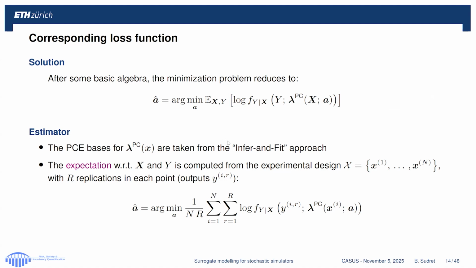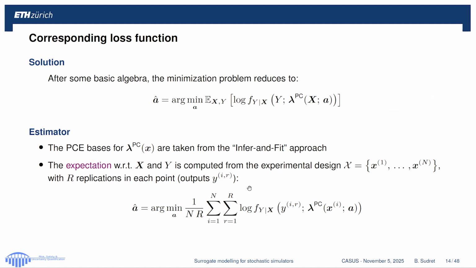Then with those bases, we jointly use all the data to fit all the A coefficients in one step. In practice, this is the sum of the log likelihood at each point over all x's and all possible replications.